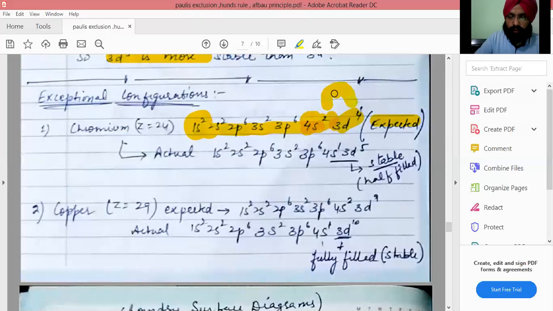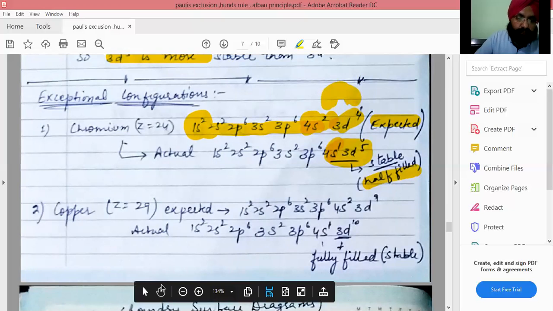This rule is overcome here. 4s2 3d4 becomes 4s1 3d5. The reason behind this is symmetry, and the second is exchange energy. So this atom becomes stabilized. The electrons become more stable in their orbitals by doing so. One electron from 4s shifts to 3d and gets stable as a half-filled configuration.